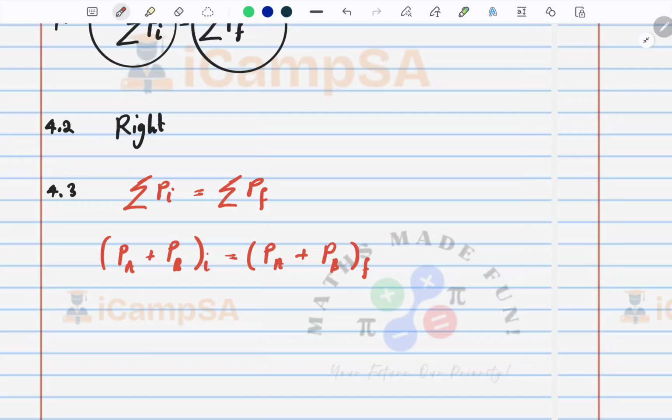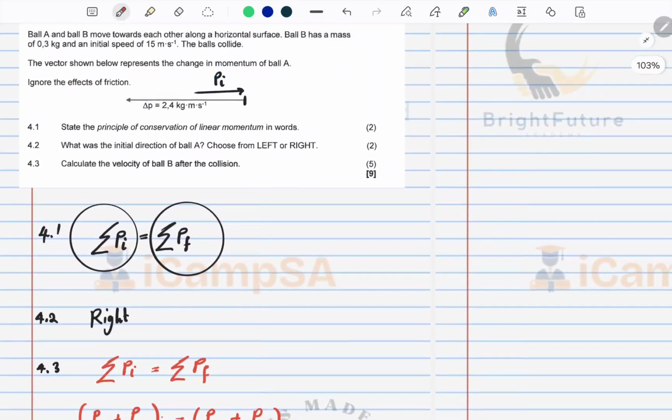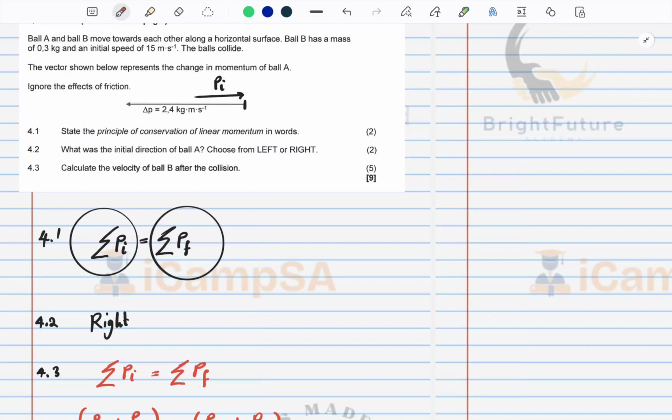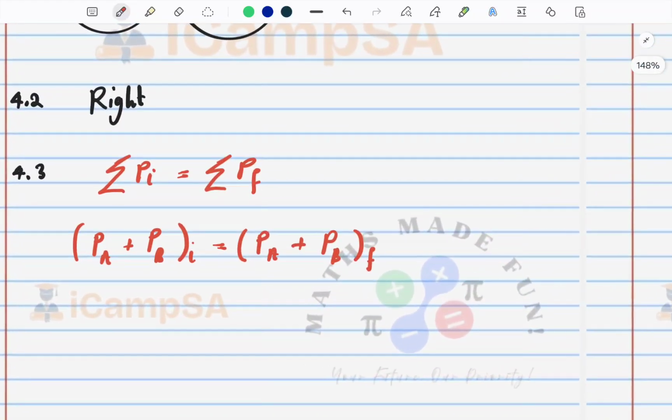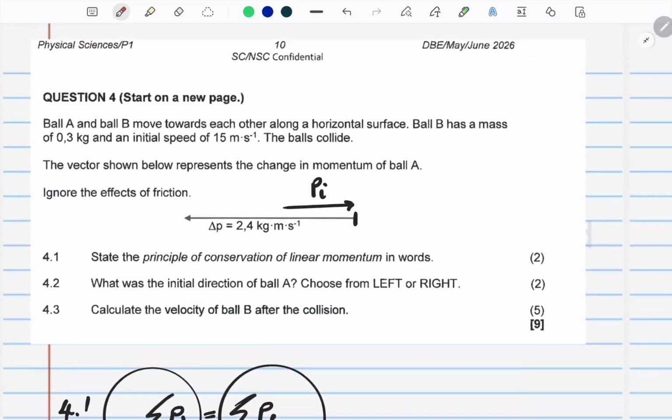Now we don't have information about ball B. Oh, we do have information about ball B, which is your mass here and your initial speed. We are happy about that. So for ball B, initially, this is going to be PA, the initial momentum for ball A, plus for ball B, your mass, which is 0.3 times 15, which is your velocity here.